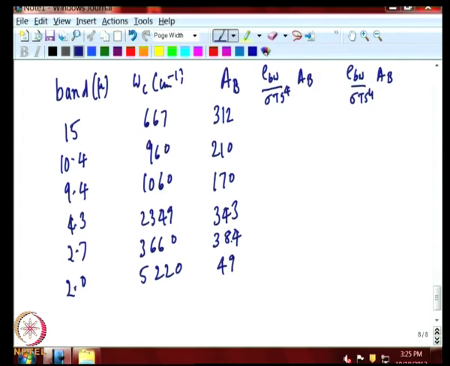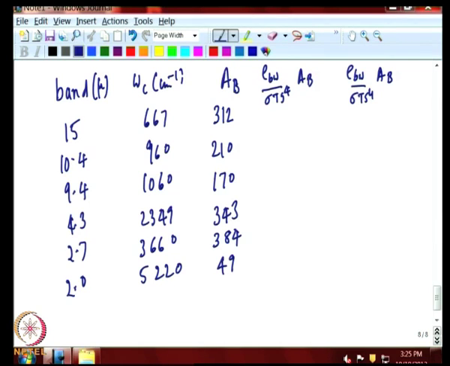Now, straight away from this particular column, you see that the strongest bands of carbon dioxide are the 4.3 and 2.7 micron band for this condition of temperature and path length.